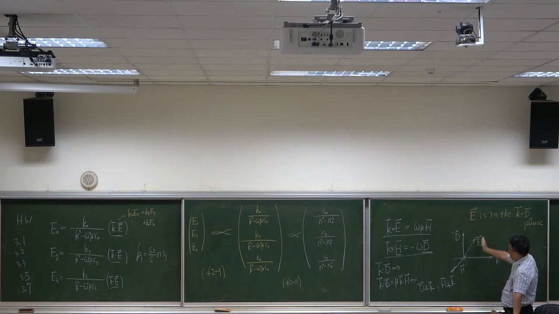Then E is on this blackboard. D, k are also on the blackboard, but H is pointing outside this blackboard.